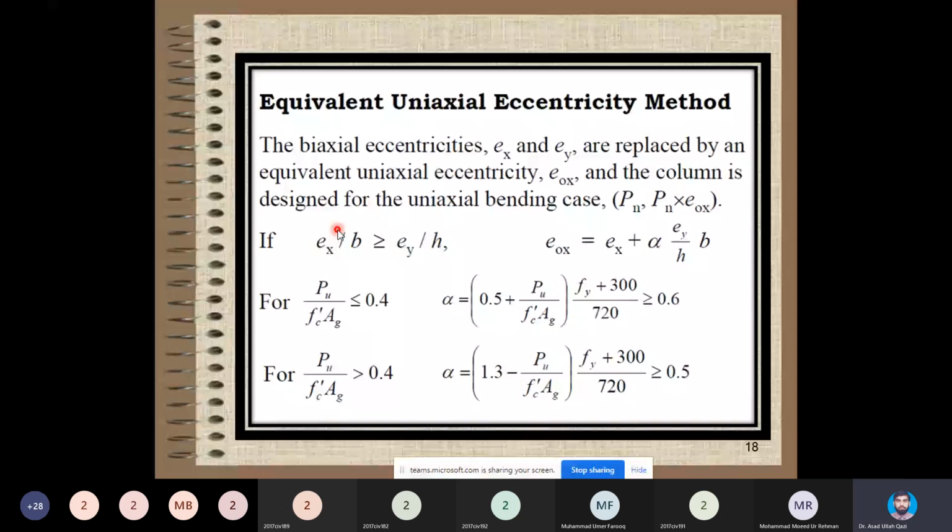What is the flow chart? Biaxial eccentricities Ex and Ey are replaced by an equivalent uniaxial eccentricity e0x or e0y, and the column is designed for the uniaxial bending case.